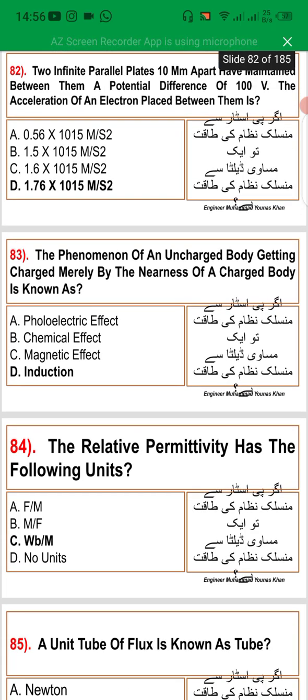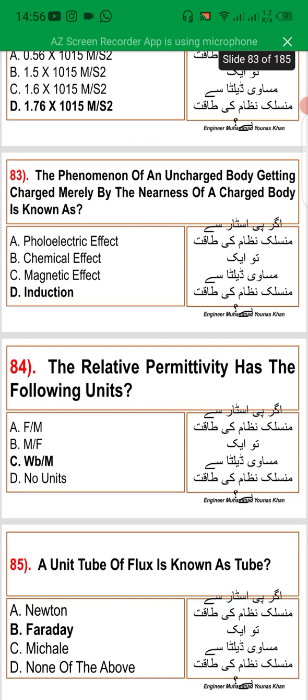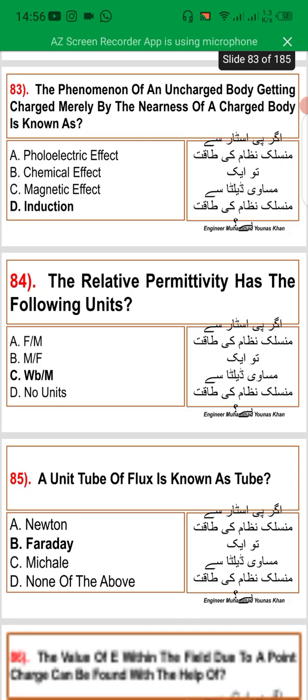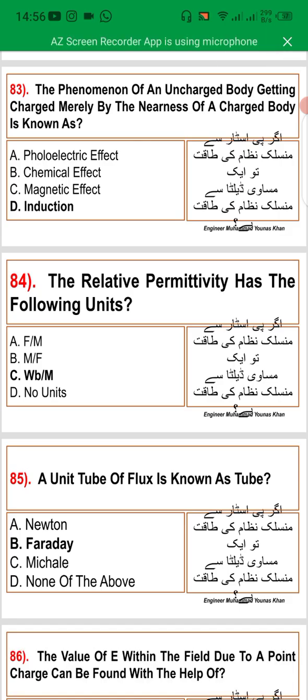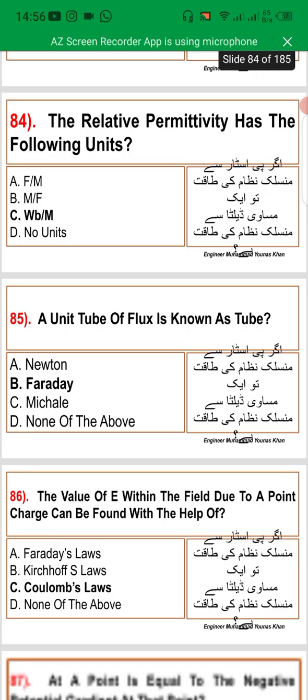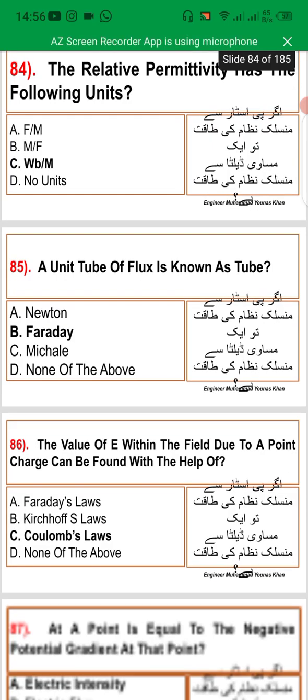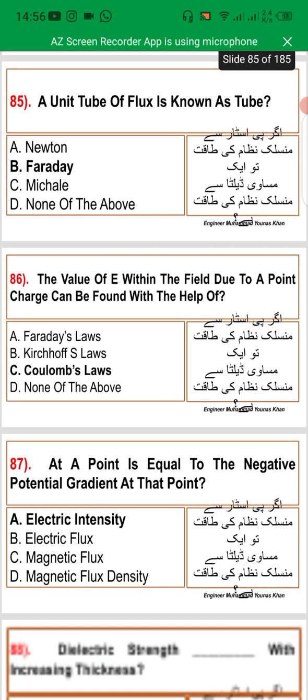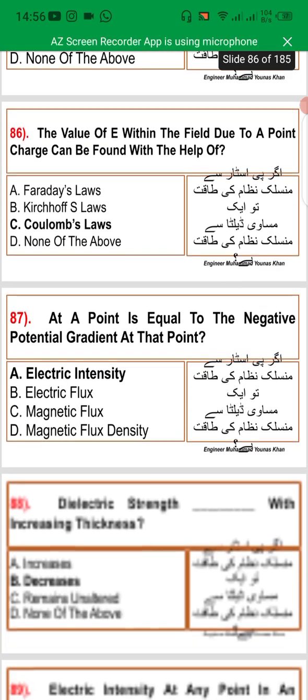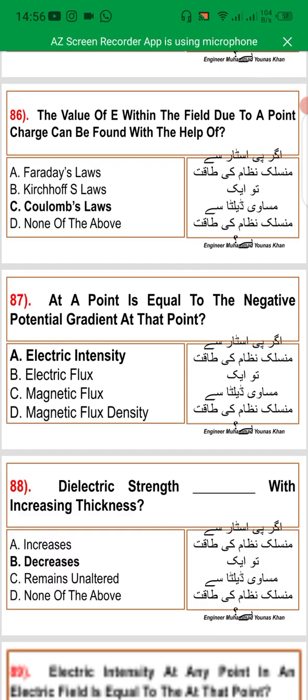The phenomenon of an uncharged body getting a charge merely by the nearness of a charged body is known as induction. The relative permittivity has the following unit: Weber per m. A unit tube of flux is known as Faraday tube. The value of E within the field due to a point charge can be found with the help of Coulomb's law.